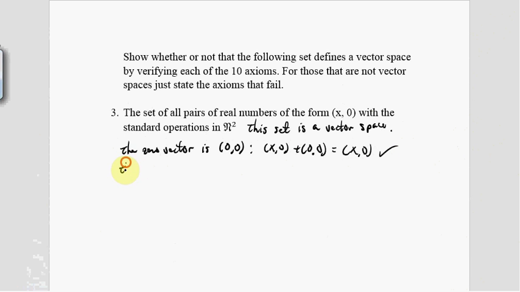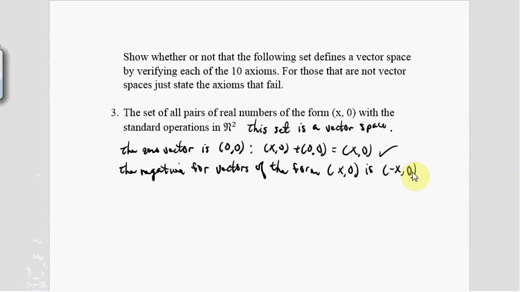The negative for vectors of the form x comma 0 is negative x comma 0, which implies that x comma 0 plus negative x comma 0 is equal to the 0 vector, 0 comma 0. Right?